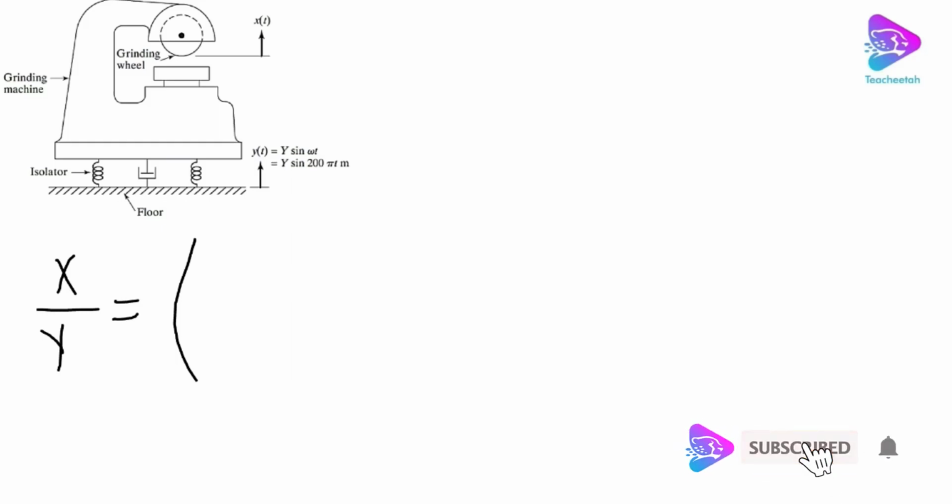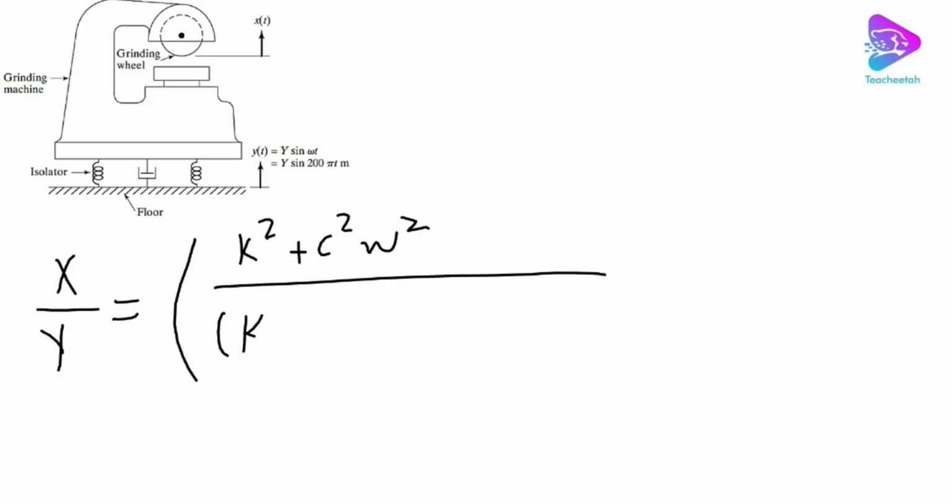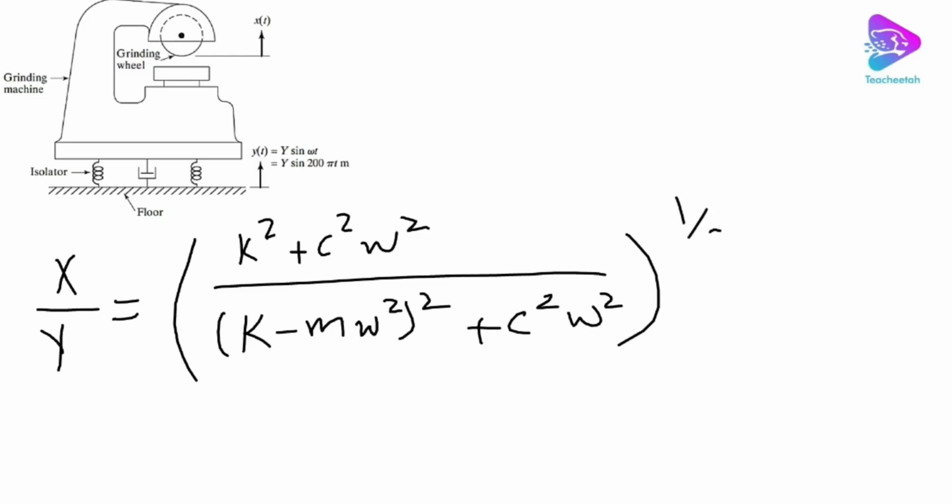So we have X over Y equal to K squared plus C squared omega squared divided by K minus M omega squared squared, very similar to the case we had before, to the power of half. And we know the maximum value for X is given as 10 to the power of minus 6 over Y is equal to, let's just plug in some of the numbers.